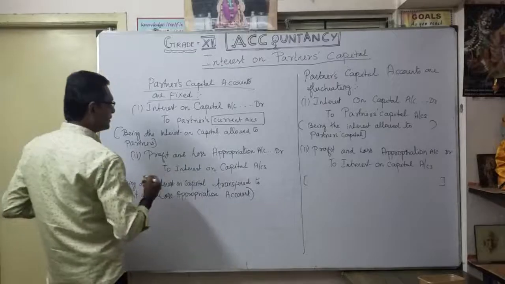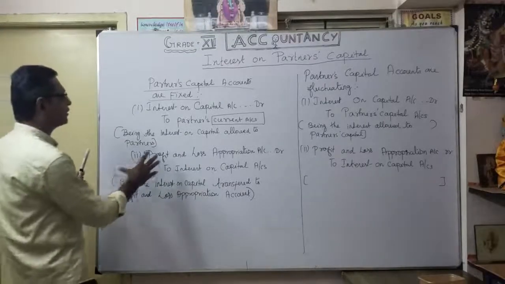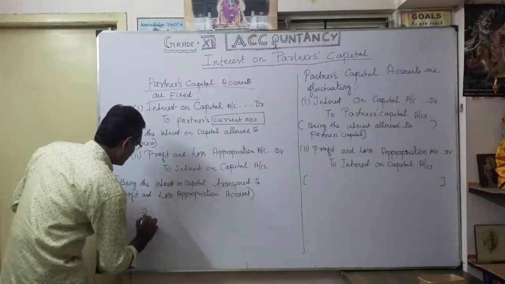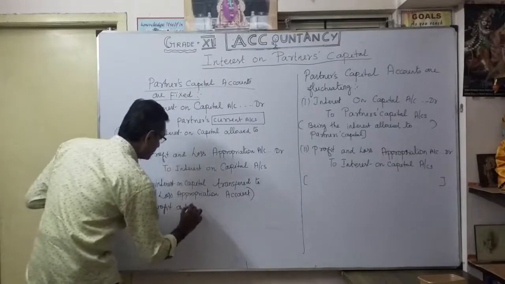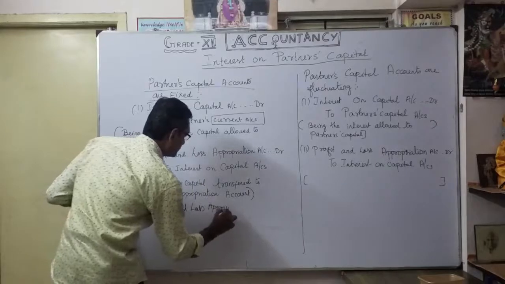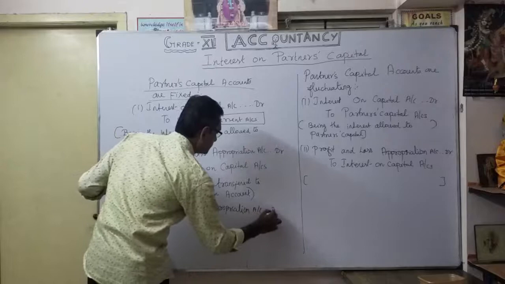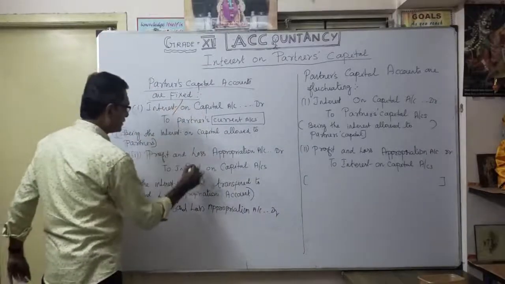Suppose, see here, whatever interest on capital I make, ultimately I transfer it: profit and loss appropriation account debit. Naturally this debit and this credit cancel.